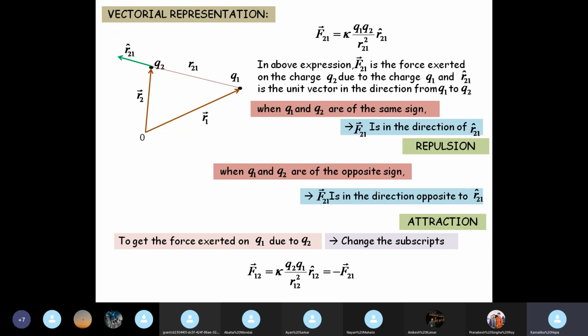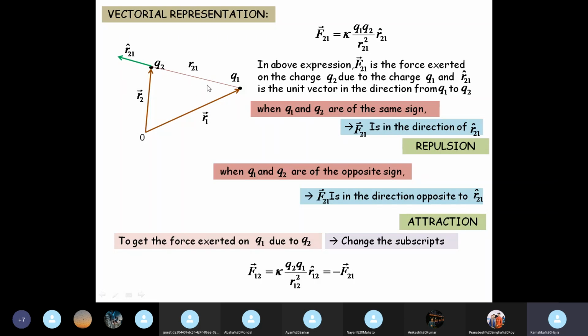Okay, and from this expression it becomes clear why, when two charges are of the same sign, there is a repulsion between them, because when q1 and q2 are of the same sign, then F21 is in the direction of r21. So from this picture, the direction of r21, you can see that the force will also act in this direction.